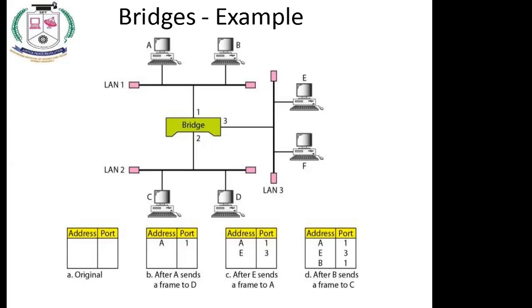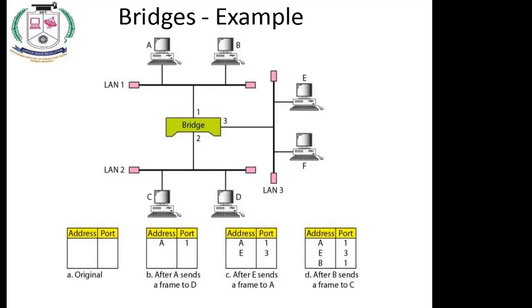Initially, we assume that A wants to send a frame to D. From the frame that the bridge is going to receive, it will come to know that A belongs to port 1. So it will update its table with the address A, and the port associated is port 1.